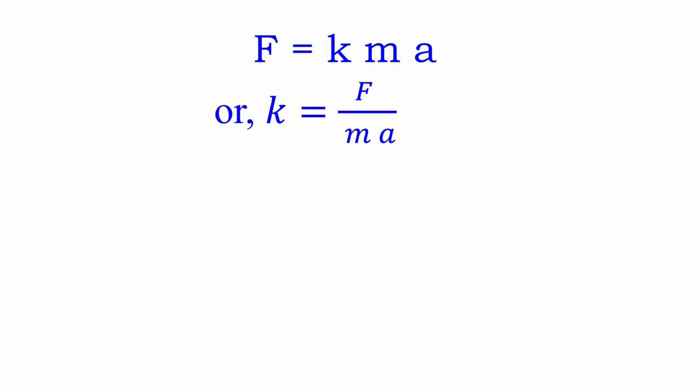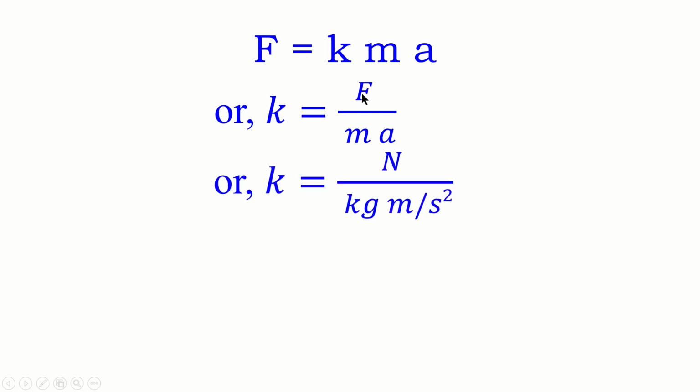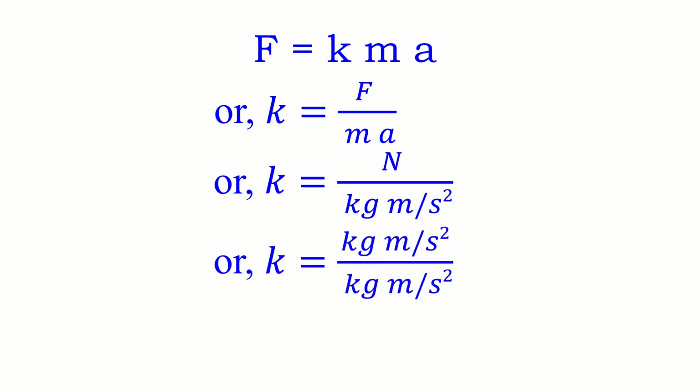If we take the units of all these physical quantities, then the unit of force is Newton, the unit of mass is kilogram, and the unit of acceleration is meter per second square. The expanded form of Newton is kg meter per second square, and it is in the numerator, and in the denominator also we have kg meter per second square. Now these two cancel each other, then the value of k becomes 1.